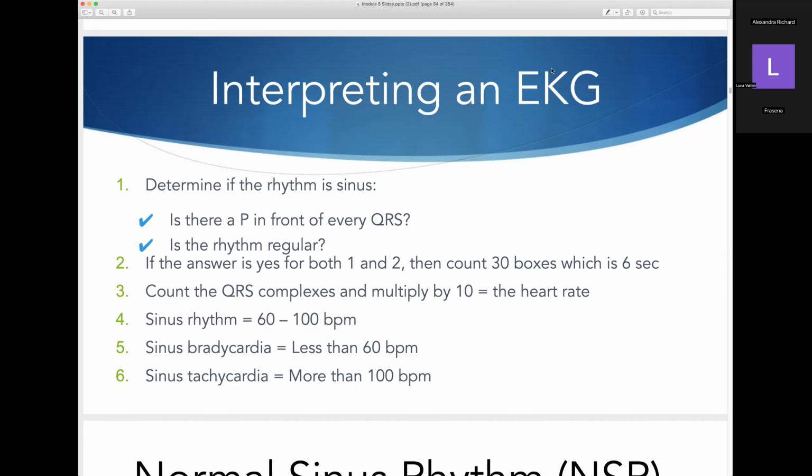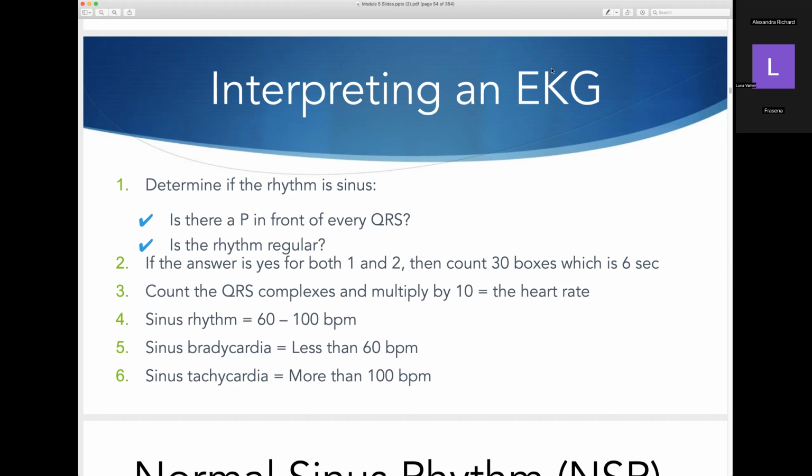All right, everyone. So last class we learned how to interpret an EKG. So remember, a rhythm is either sinus or not. So the first step is to determine if the rhythm is sinus. The rhythm is sinus if there is a P wave in front of every QRS and the rhythm is regular, which means all the QRSs are always the same distances apart.